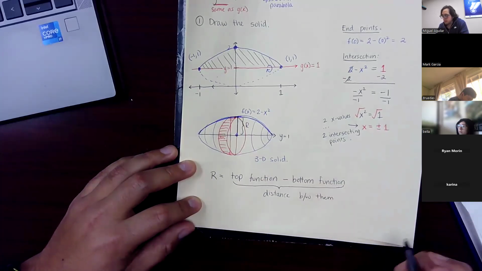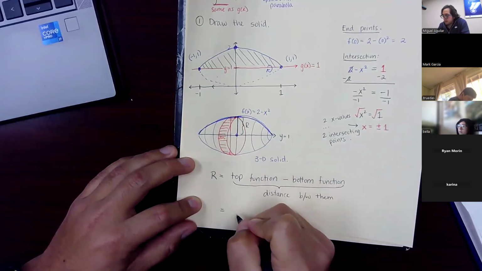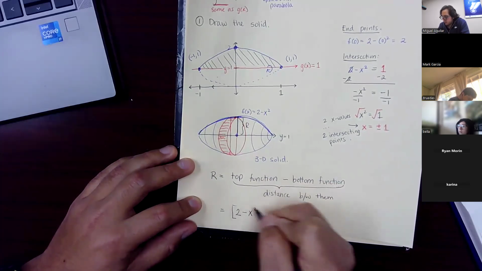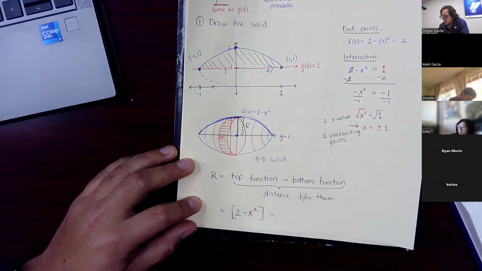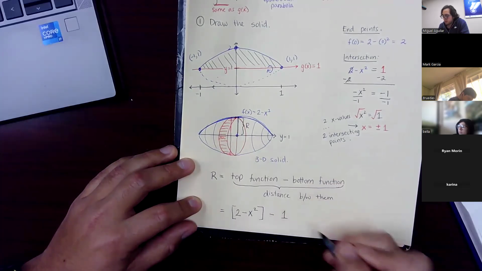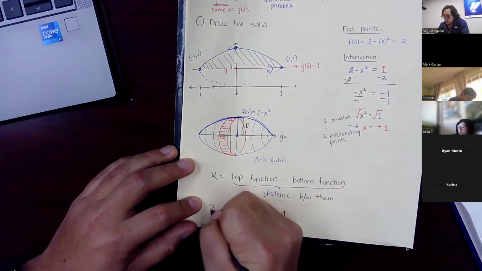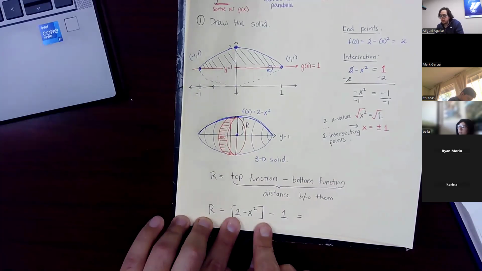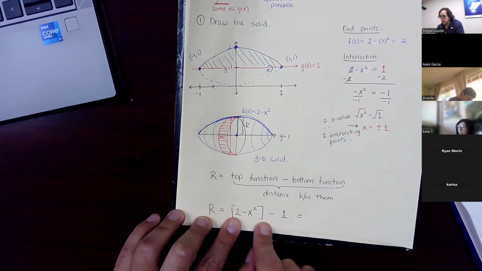So that's going to be 2 minus x squared minus the function below, which was just 1. Okay, so that's going to be our radius, and we can simplify this. Didn't need the brackets here necessarily, but we're just going to combine like terms, right?